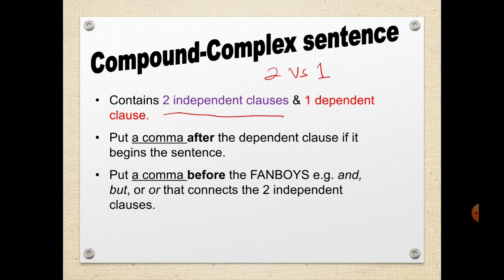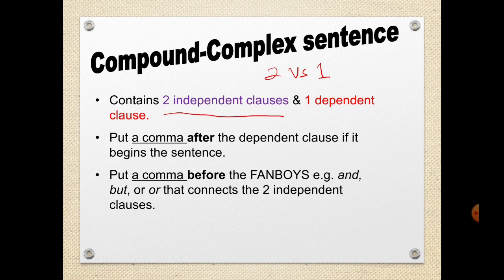All right, if you still remember, a compound sentence is formed using two independent clauses. When you have two independent clauses, you need a coordinating conjunction, one of the FANBOYS, to combine them.